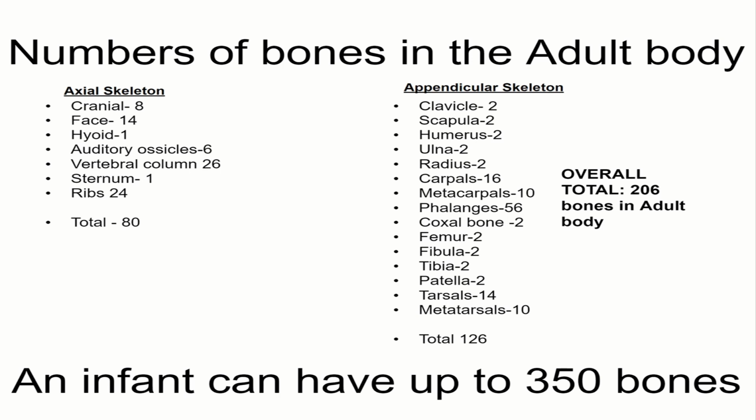As we age, some of the bones that we're born with fuse together and become a solid piece. This is primarily seen in the skull, as we will see in the next lecture. We'll talk about that fusion in the skull.